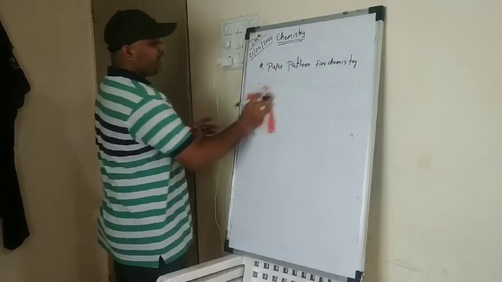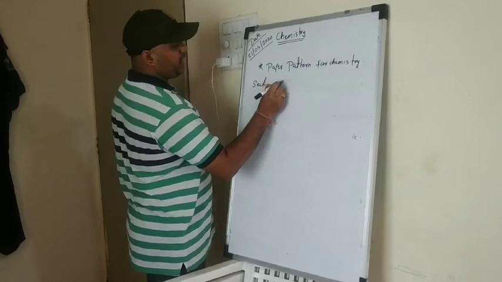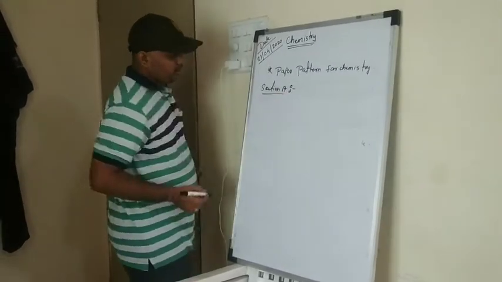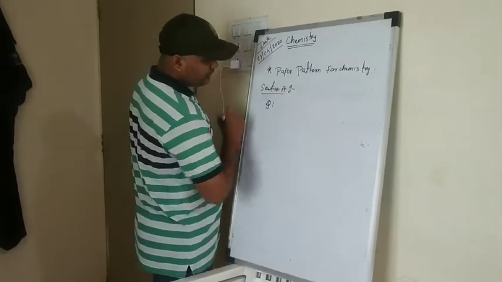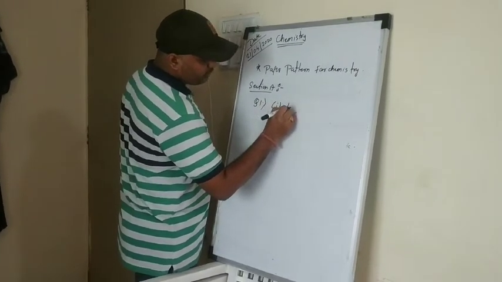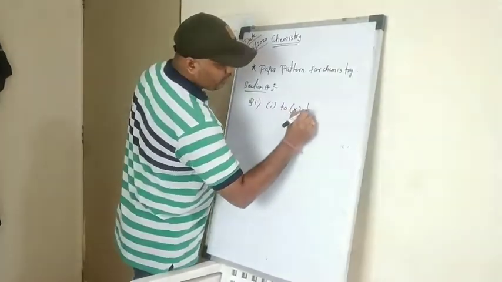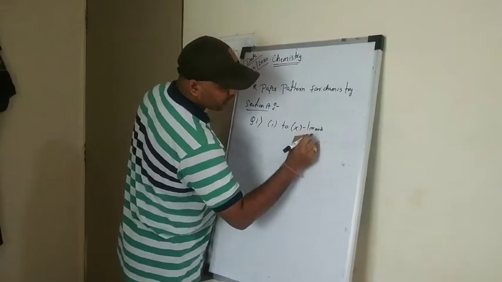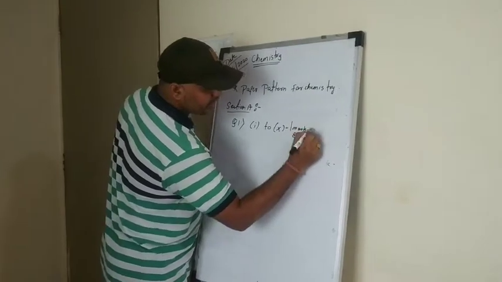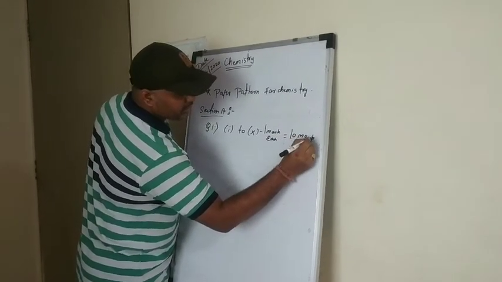Section A starts from question number 1. Under question number 1 we have sub-questions 1 to 10, for 1 mark each, which equals 10 marks.